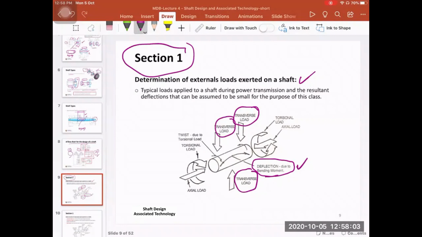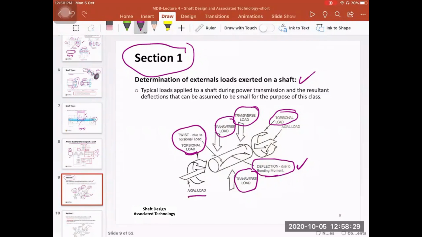Also, when you transmit power from, for example, a motor to a driven machine, you transmit this power through a torque. So you apply a torque to the shaft. So you have torsional load here, and then due to this torsional load, we have twist, because the shaft has elastic nature, so it twists.